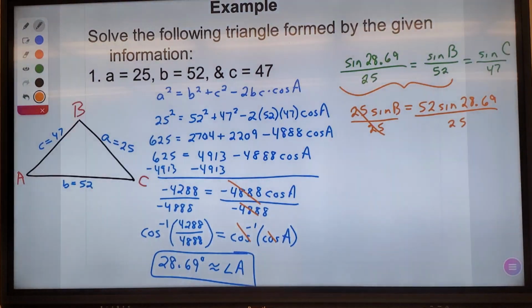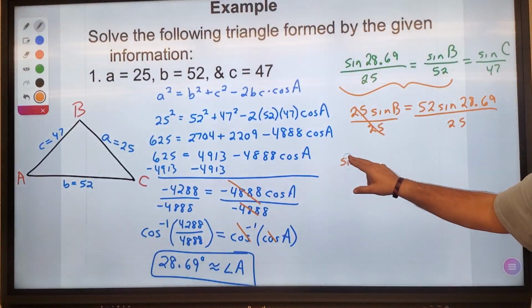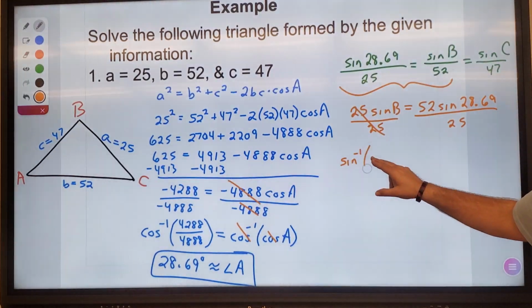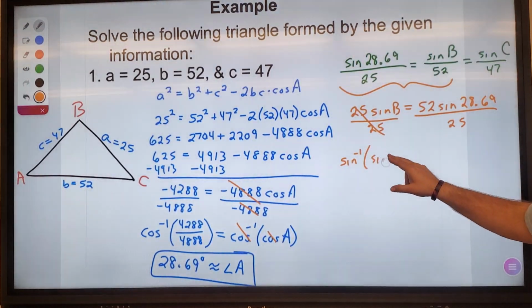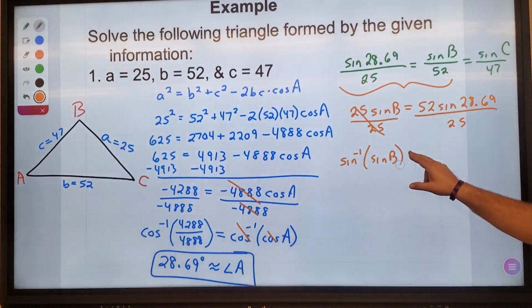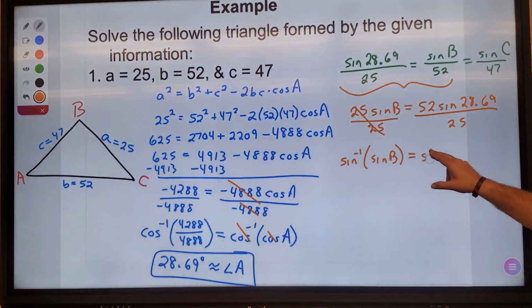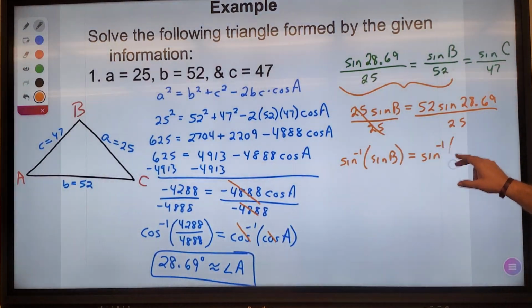And again, here I have that situation where I have sine of angle B, so I have to use the inverse to get rid of that sine. So inverse sine of the sine of B is going to be equal to the inverse sine of all of this.